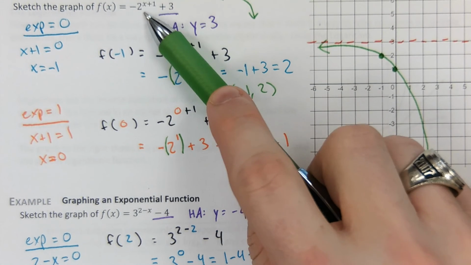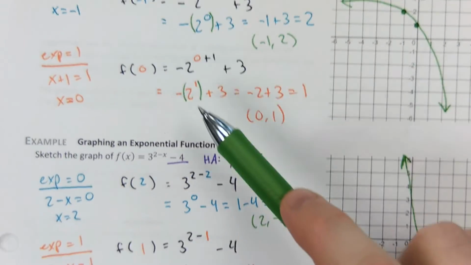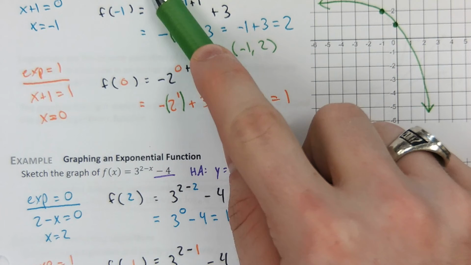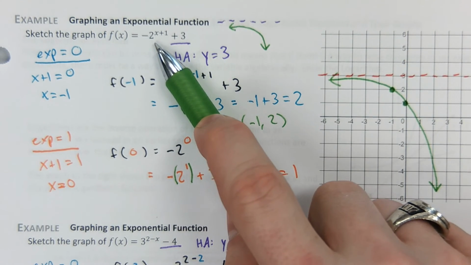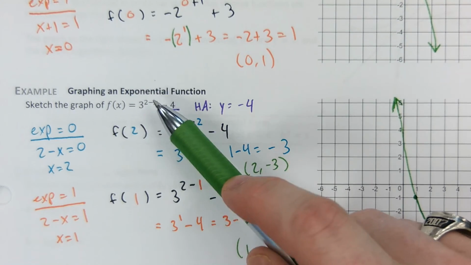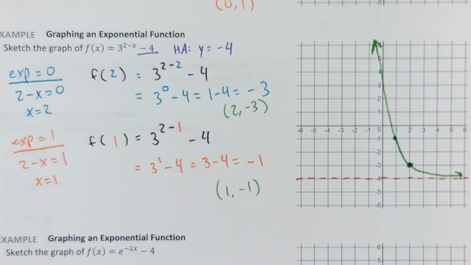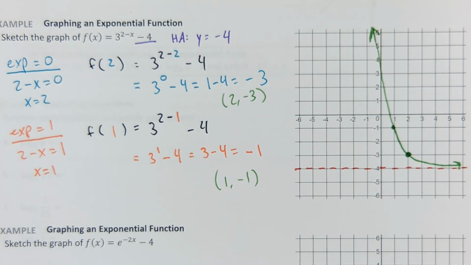Yeah, literally, the exponential base changing is what changed the steepness of the graph. This exponential base of 2 is a graph that is not as steep as this graph that has exponential base 3. So if I said exponential base 4, hopefully you would expect a graph that was even steeper.